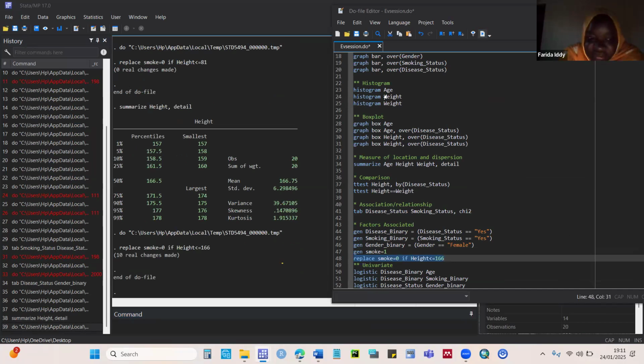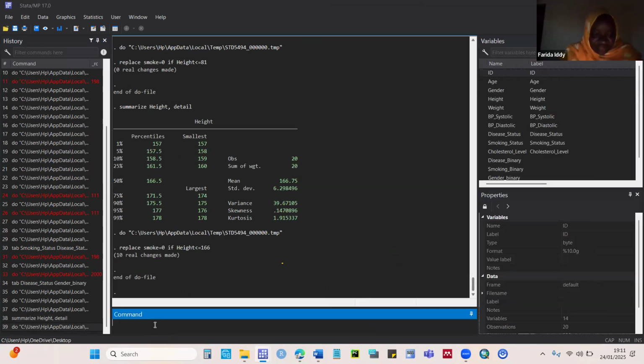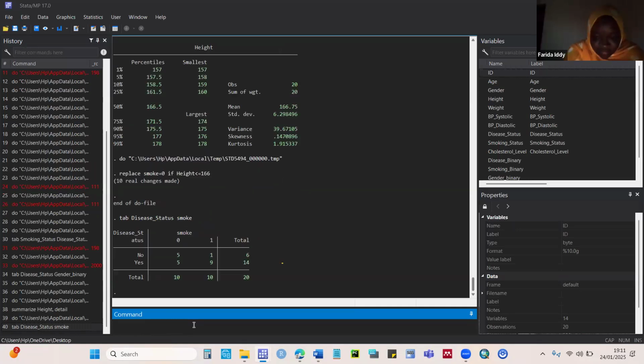I want to create a categorical variable which will not contain zeros, so that we can see how we can interpret. Okay, now we have this table.